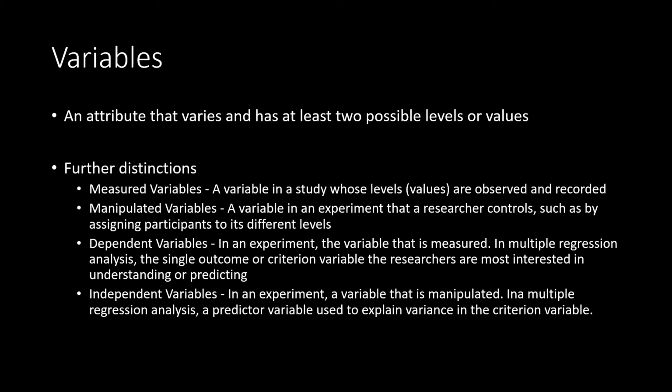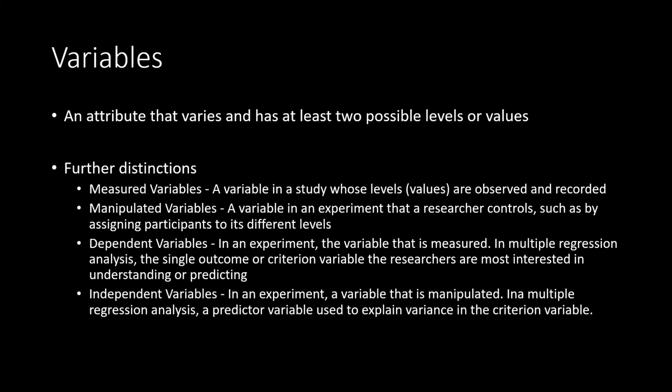Manipulated variables, on the other hand, are variables that we as the experimenters oftentimes are manipulating to see their effect on other variables. So for example, if I wanted to see if physical exercise made a difference in appetite, I could take half of my individuals and have them run 5 miles and the other half play the equivalent time of video games sitting on a couch and then look at how much pasta they ate.